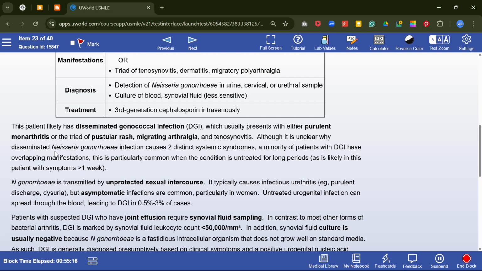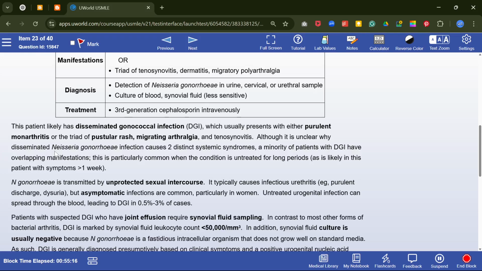Although it is unclear why disseminated gonococcal infection causes two distinct systemic syndromes, a minority of patients with DGI have overlapping manifestations, and this is particularly common when the condition is untreated for a long period, as is likely in this patient with symptoms of more than one.